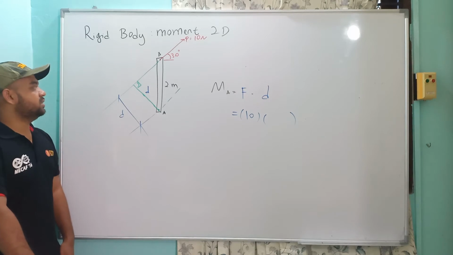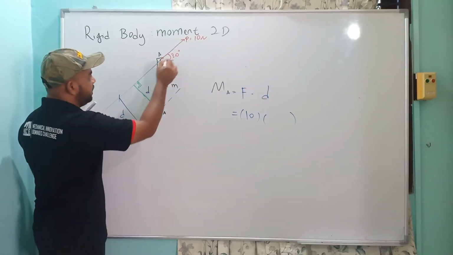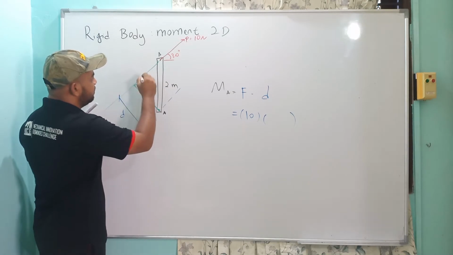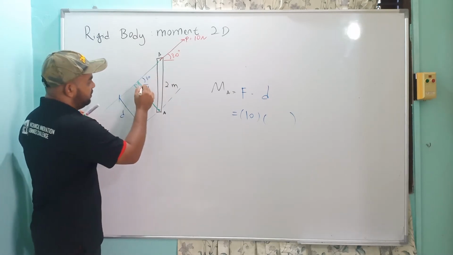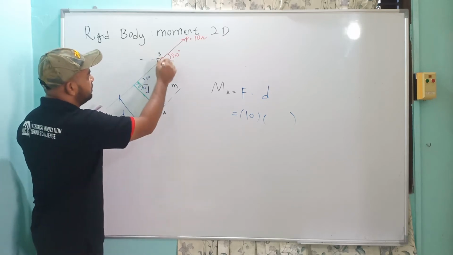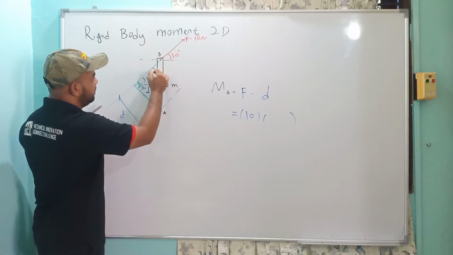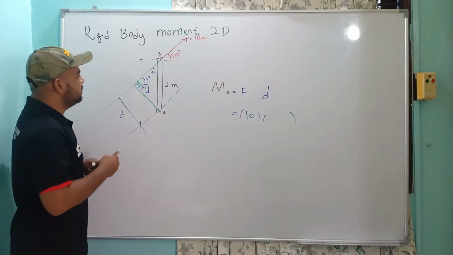Okay, so you can calculate the D, because here of course this is 30 degrees, so this is 60 degrees. Here is 30, so here must be 60.